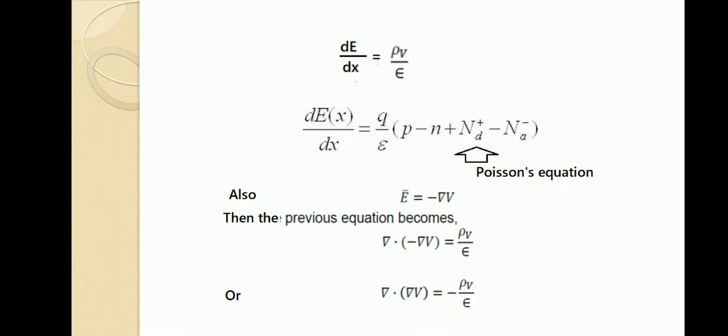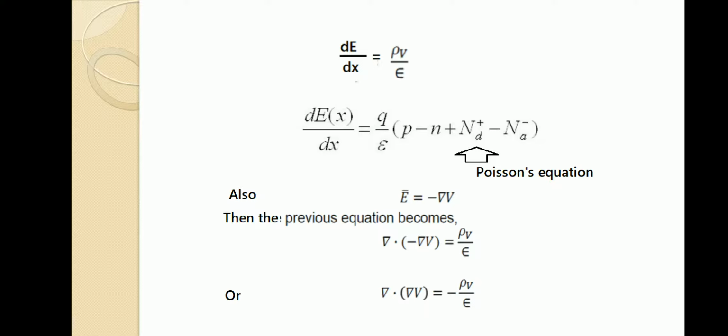This del is nothing but the gradient, so we can represent del dot E as d by dx of E equal to rho V by epsilon. This equation is called Poisson's equation. In solid state physics, we can represent it as dE(x) by dx, the gradient of the electric field, equal to q by epsilon times (p minus n plus Nd plus minus Na minus). These terms indicate the carrier concentration, and charge times carrier concentration is the unit of charge density.